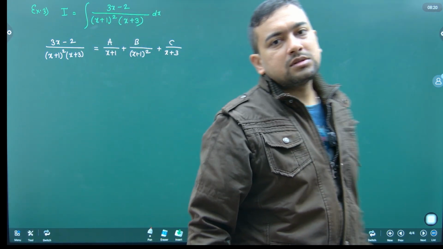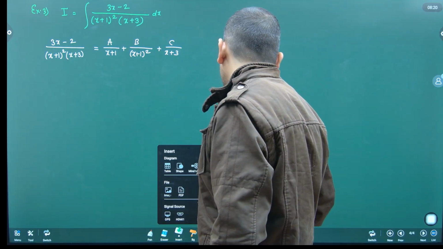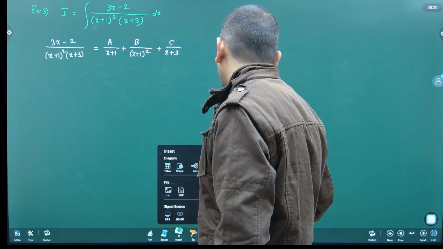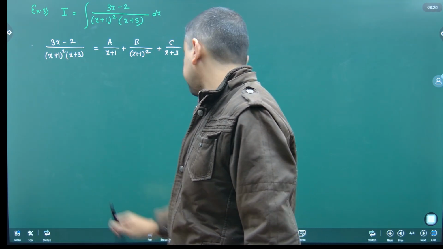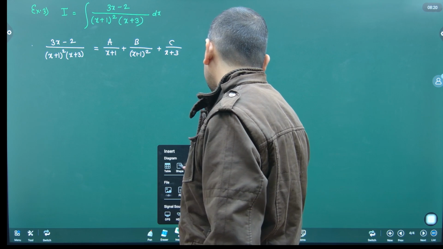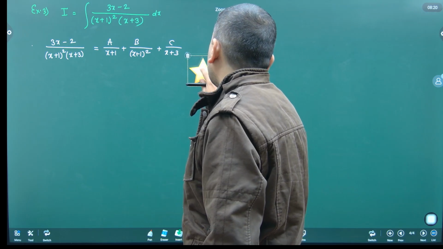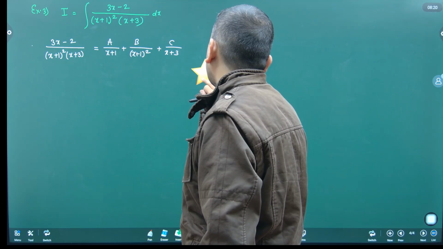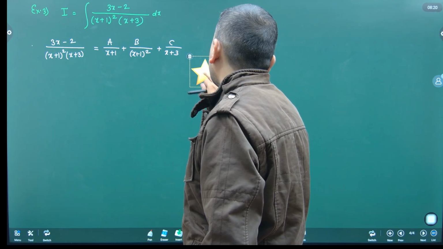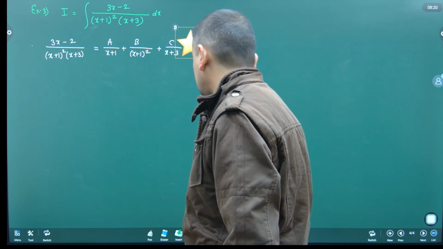This is the important step. If you make this wrong, then it will be difficult. I am putting a star mark here.